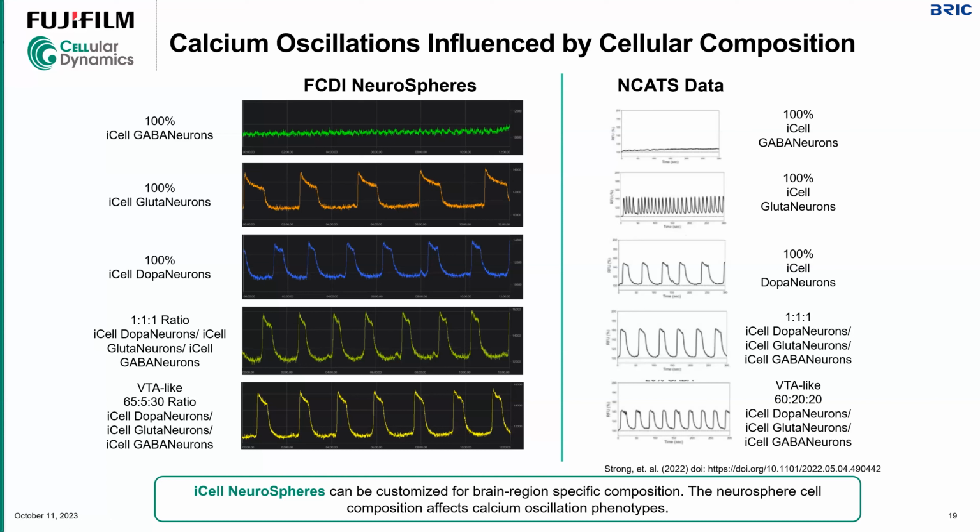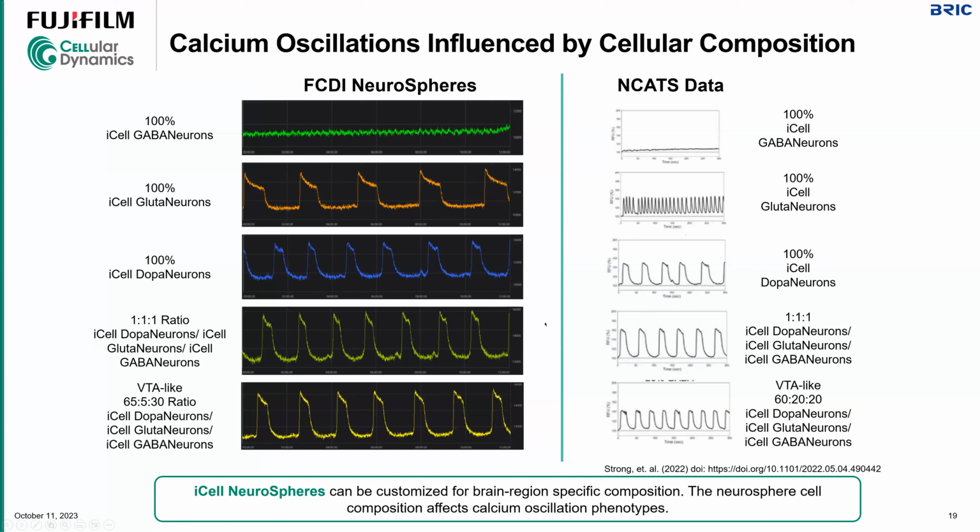NCATS is an organization on the East Coast of the States. Really cool data was produced by this group and published in a strong publication from 2022. It shows that you can simply mix and match our cells at different ratios to represent different regions in the brain.